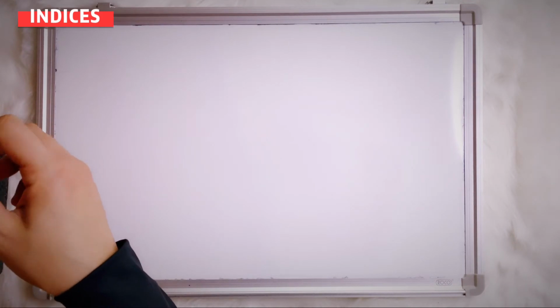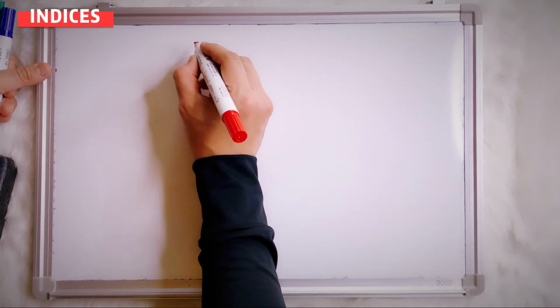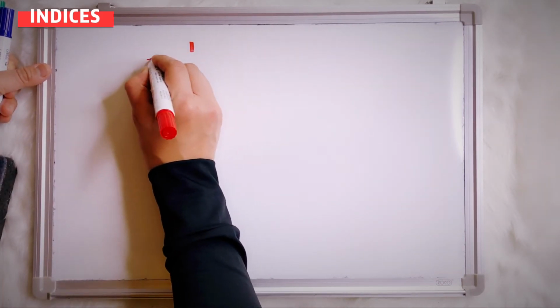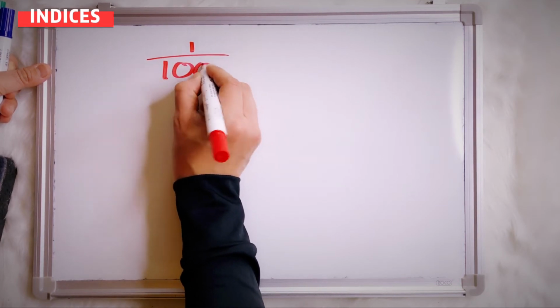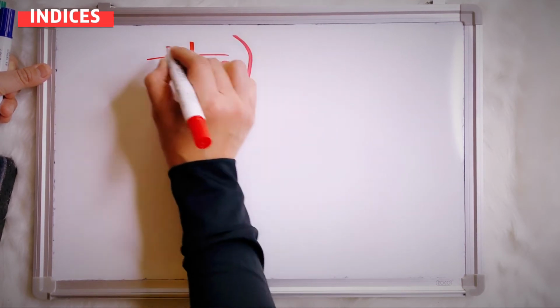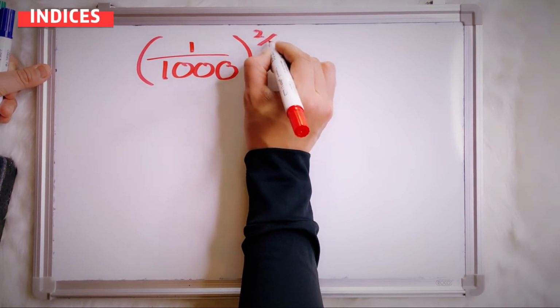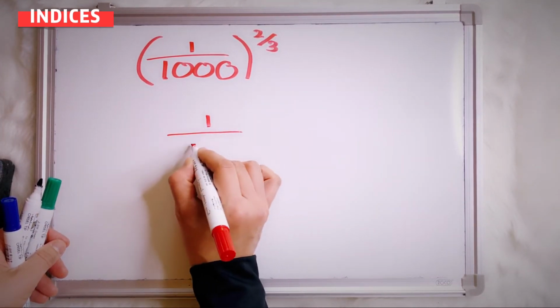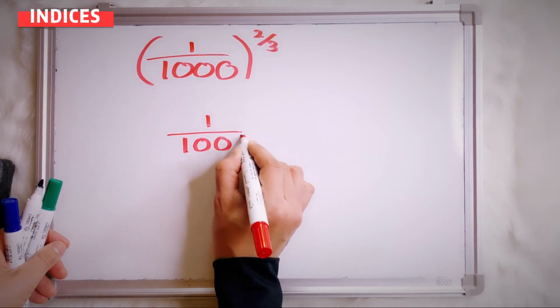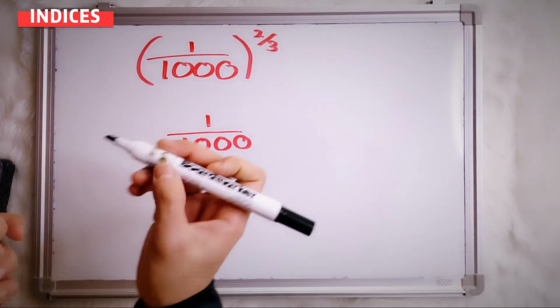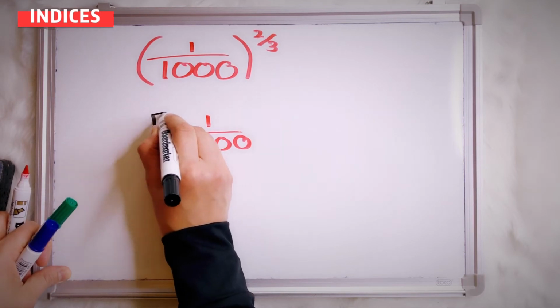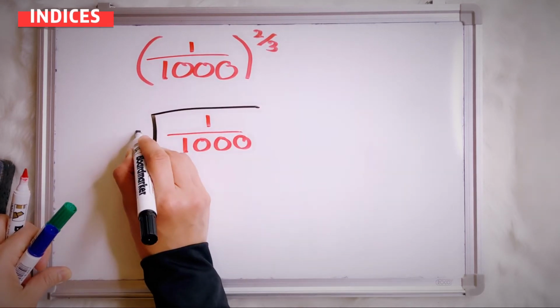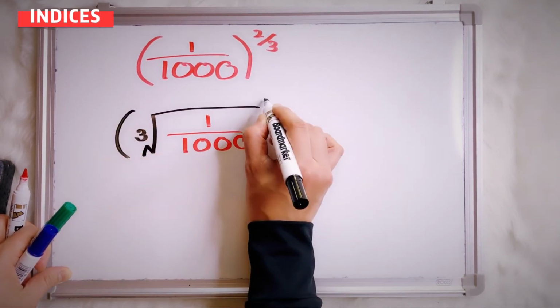Okay, let's say I give you 1 over 1000, to the power of 2 over 3. So same thing, 1 over 1000. You do the square root here. Number 3 here, put the bracket.